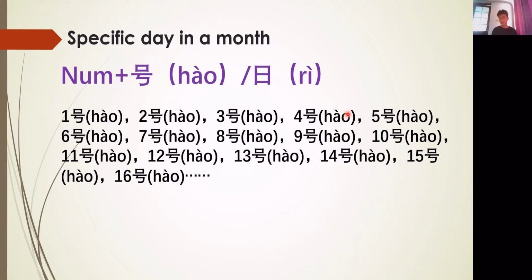If you want to practice pronunciation, you can read after me. So the fifth day in the month is 5号. And then is the sixth day, right? So in Chinese, we say 6号. And then what is the next one?